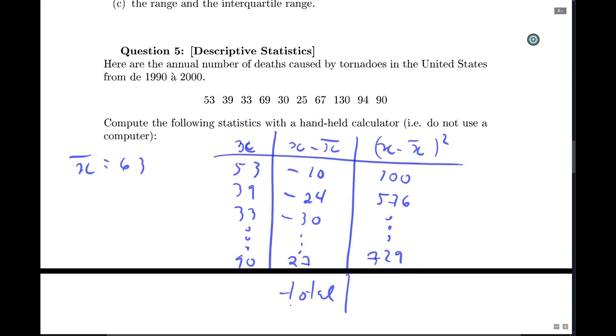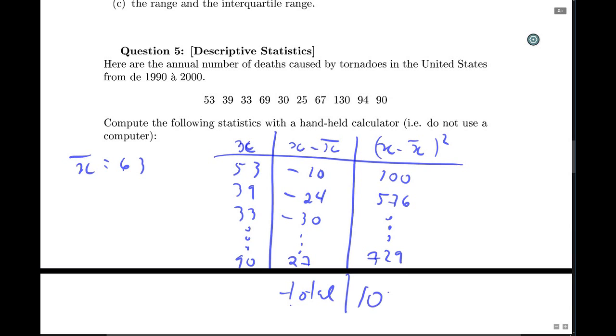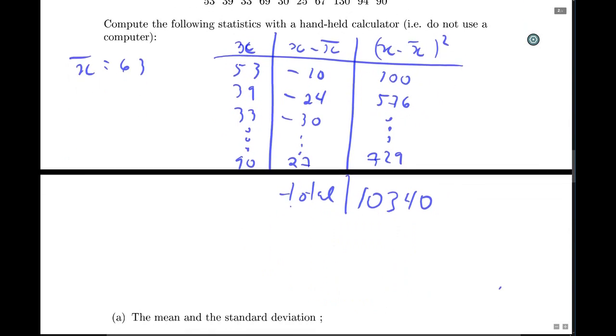So I add up these squared deviations away from the mean. So 100 plus 576 plus 729, and so on. We end up with 10,340.